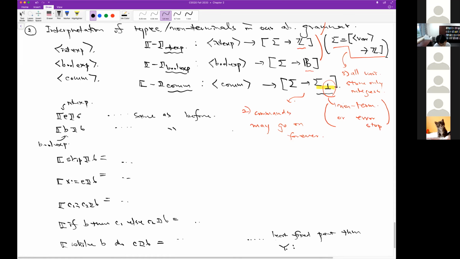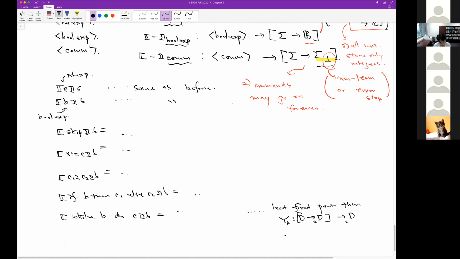Operator Y for domain D takes continuous functions and returns the least fixed point, which is also continuous. It is sometimes called the Y combinator or fixed point operator, and you can use it to give the semantics. I'll give you 3 minutes, and then I will tell you the answers.